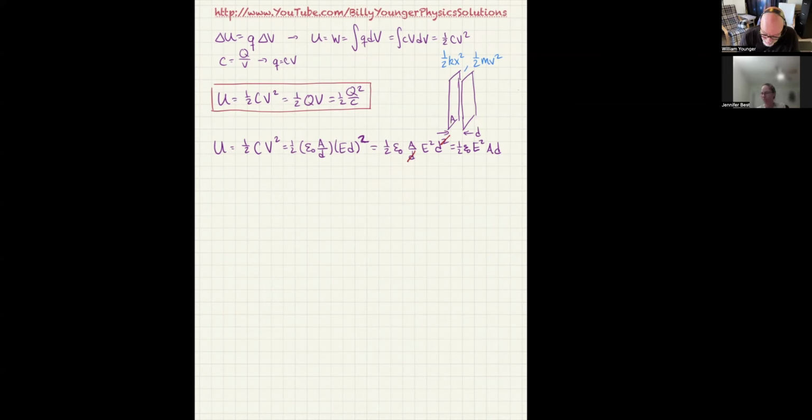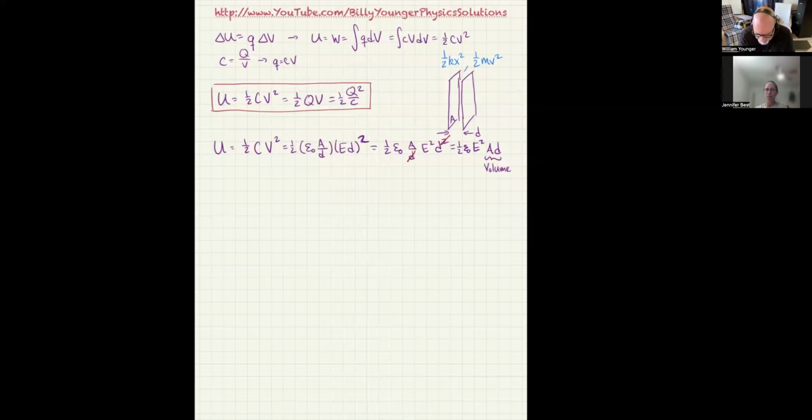If you look at it, it's actually the area multiplied by D. So it turns out to be the actual volume between the plates. And if you remember, from doing the electric field mapping, you probably remember that the electric field falls off really quickly when you get outside the plates.